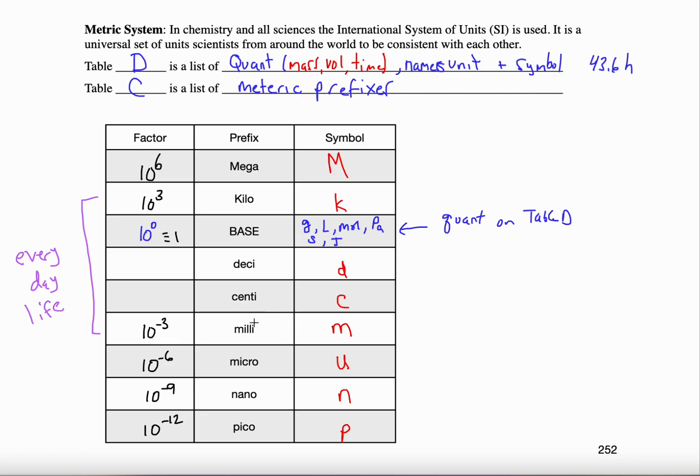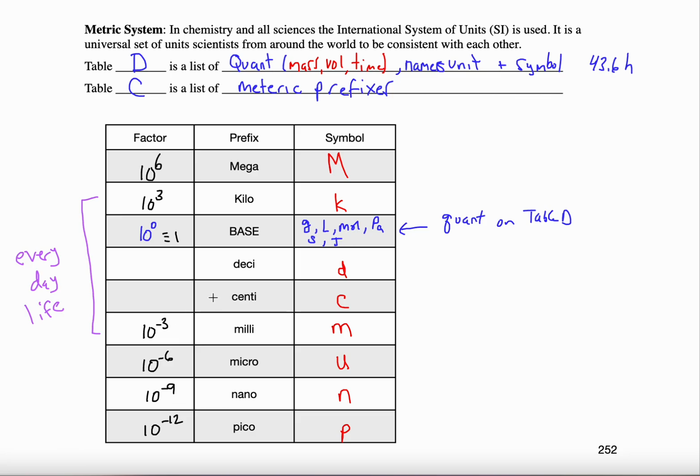And getting smaller, you're probably talking about things they're doing in the lab, like the concentration of very toxic items, very, very low concentration, or trying to measure the diameter of a cell or of an atom. So not used as much in our daily lives.